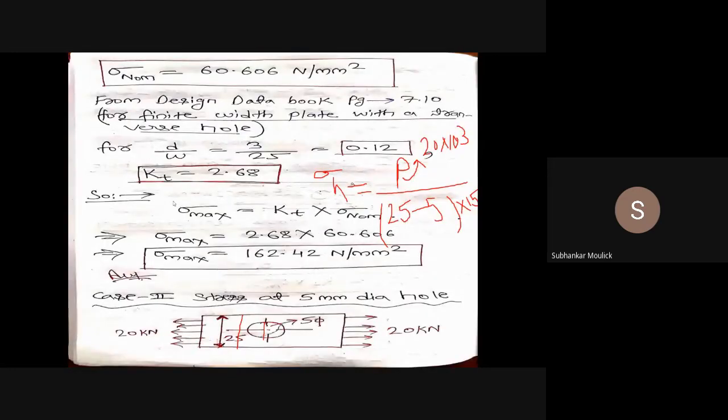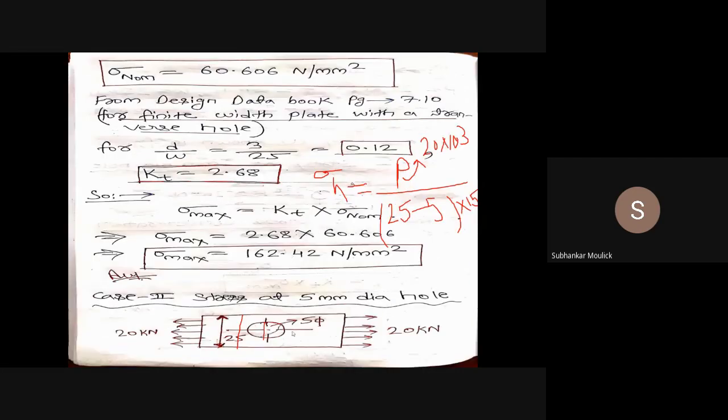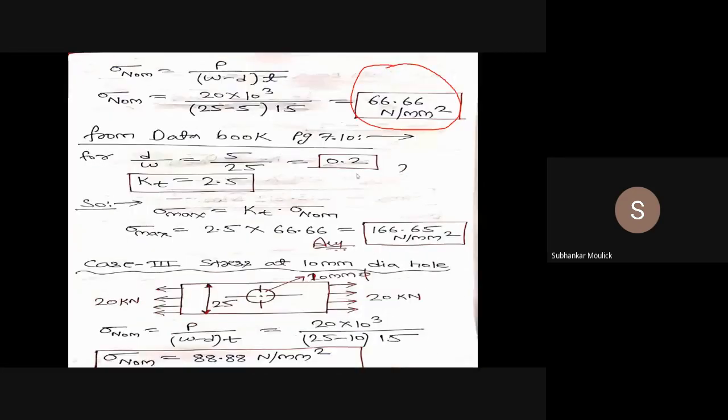A by W or D by W, that is D2 by W, is 5 by 25. If I solve this, the value of D by W for the 5 diameter hole is coming out to be 0.2. Now corresponding to this D by W value of 0.2, what is the value of Kt? So let us find out.